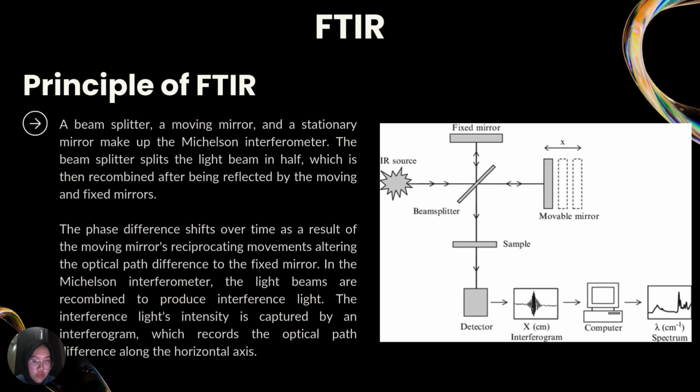The phase difference shifts over time as a result of the moving mirror's reciprocating movements, altering the optical path difference to the fixed mirror. In the Michelson interferometer, the light beams are recombined to produce interference light. The interference light's intensity is captured by an interferogram, which records the optical path difference along the horizontal axis.